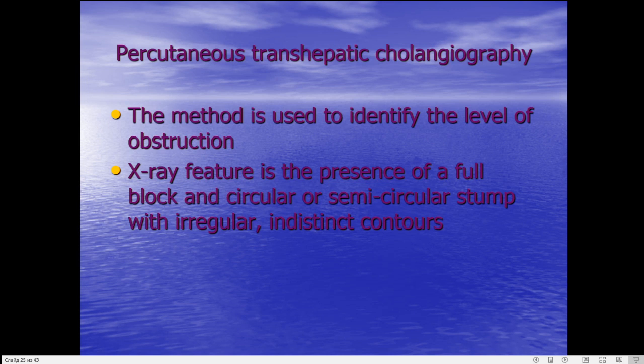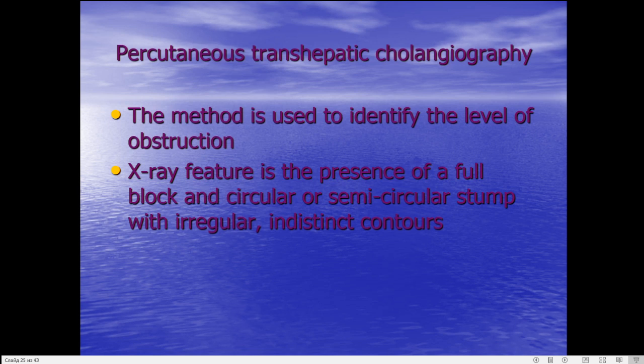If it is in the distal part of the common bile duct, it means the tumor in the head of the pancreas has just invaded the distal part of the common bile duct.